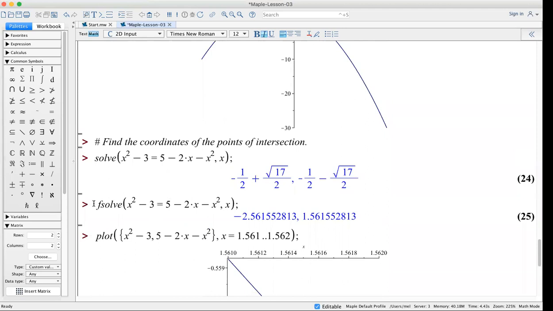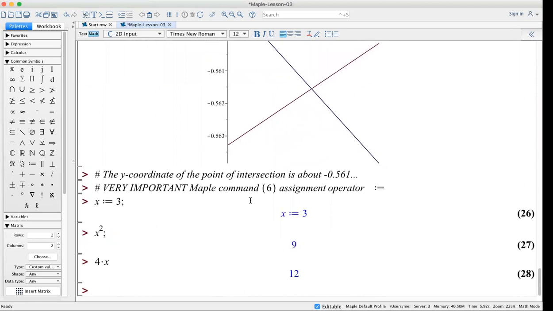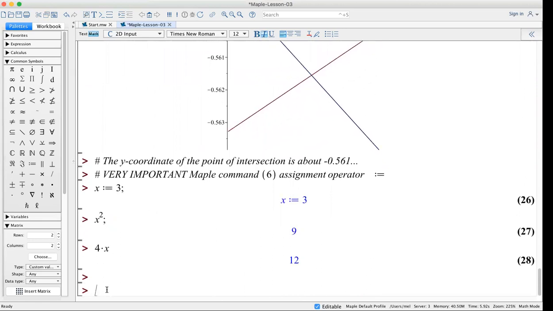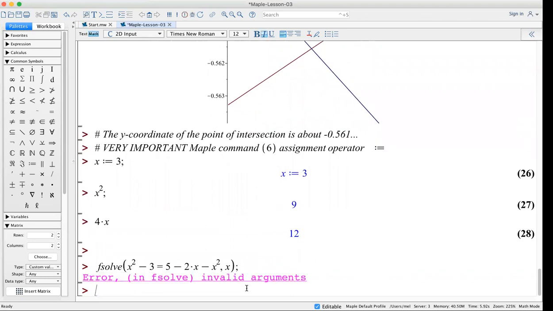So for example, oh, now here's a problem. If I wanted to solve this equation now, I would get an error. And the reason there's an error is that in this equation, I want x to be a variable, but I already said to Maple, x is 3. So every time Maple sees x, it puts in 3.